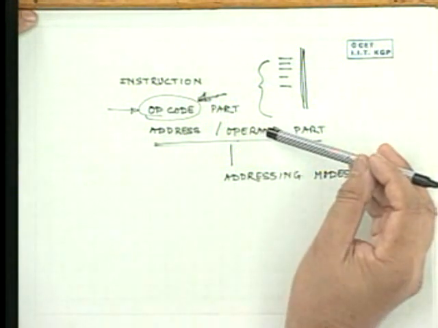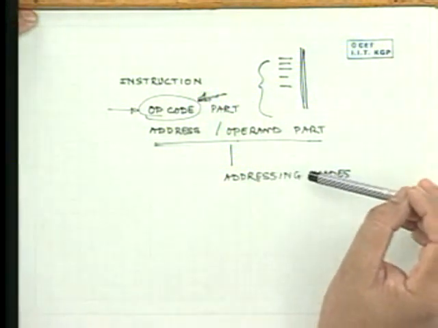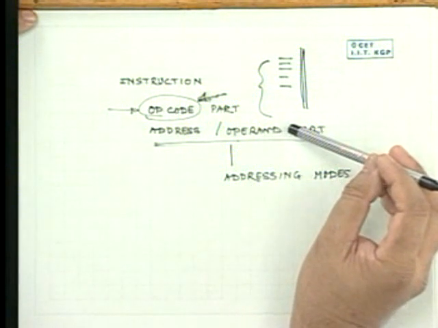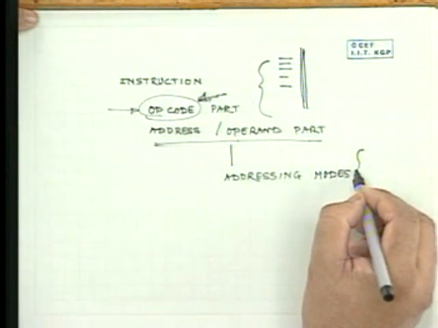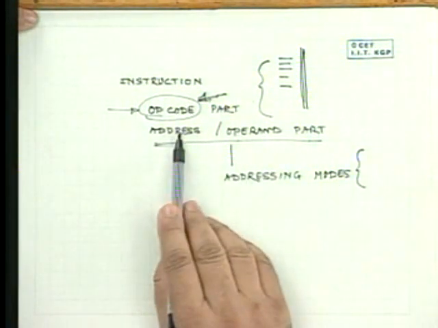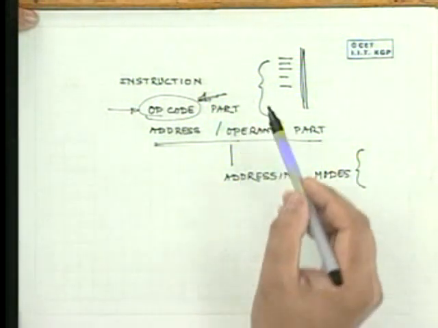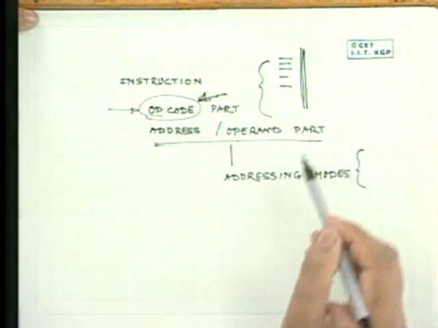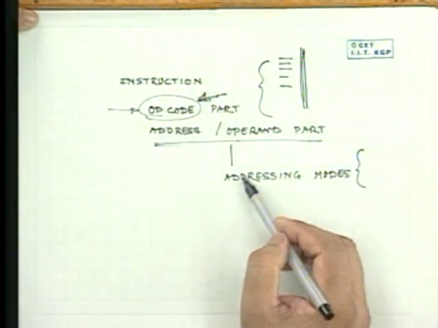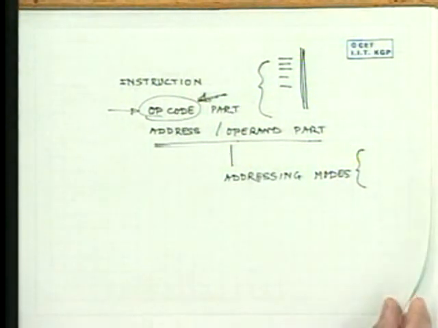It may not be the direct address as I gave an example of. This addressing of a particular operand can be specified in different ways, and the way a machine specifies the address of the operand or the operand itself is called the addressing mode. Now, the instruction set a machine performs and the addressing modes by which it specifies the operand are a very important characteristic of a machine, and a detailed discussion of it we will have in the later course of lectures.